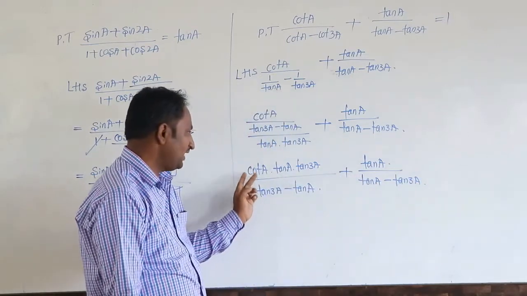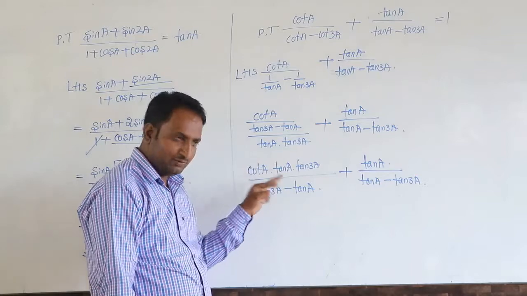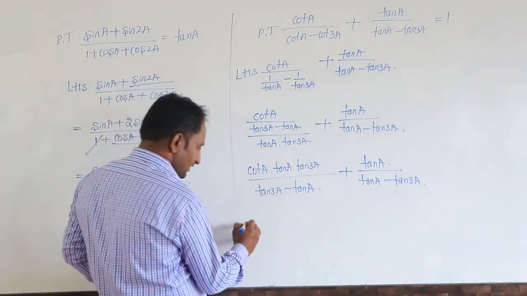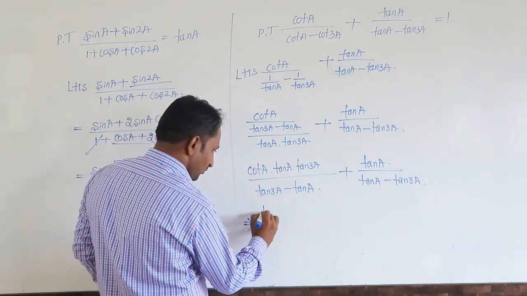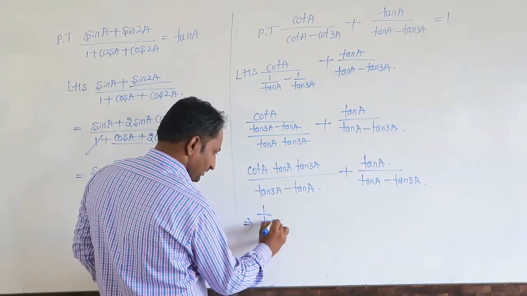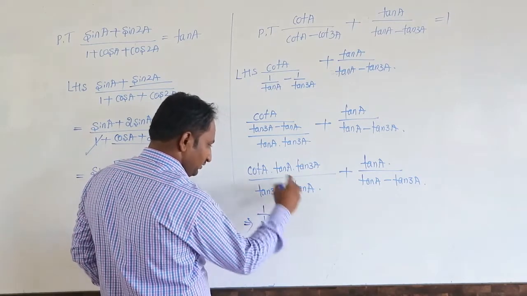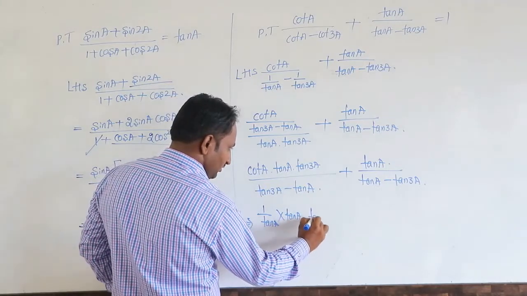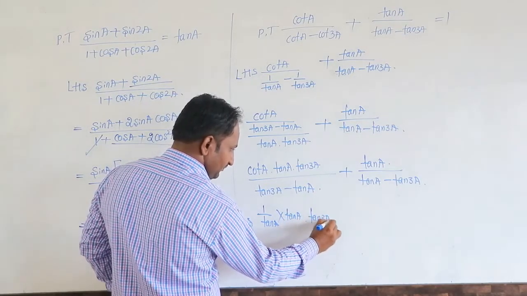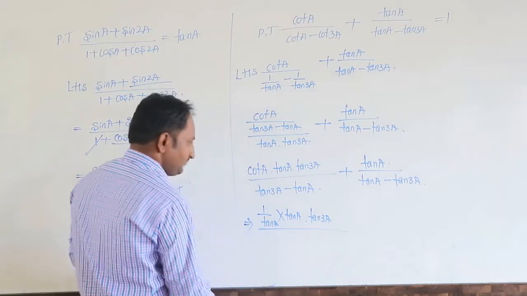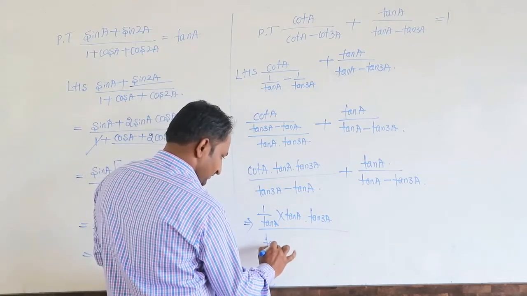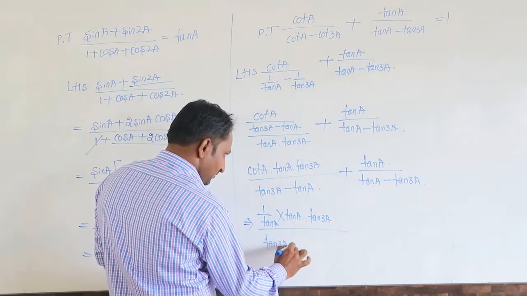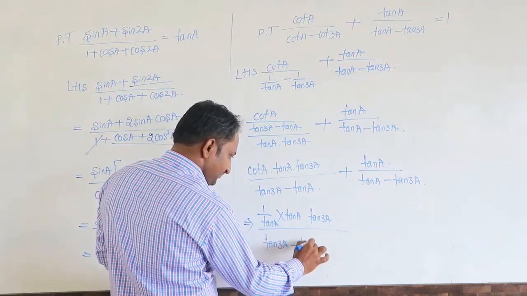Here cot a into tan a, cot a can be represented as 1 divided by tan a, into tan a, into tan 3a, whole divided by (tan 3a minus tan a).